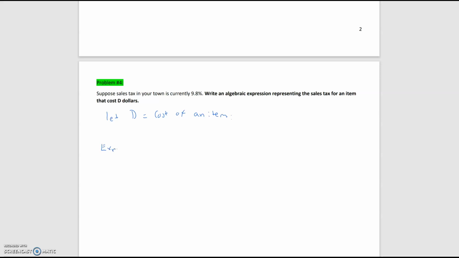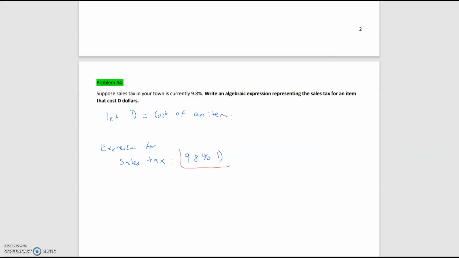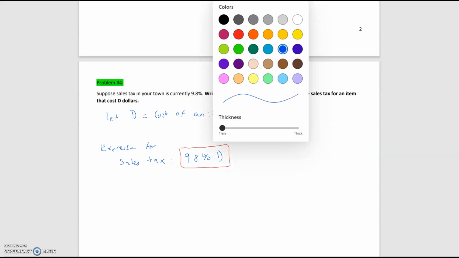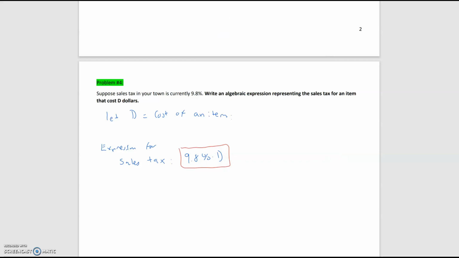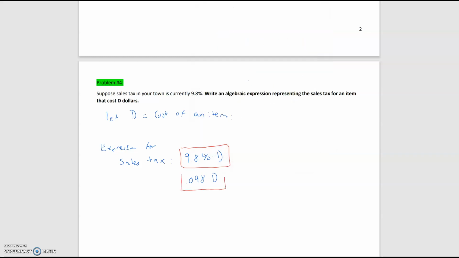So our expression for sales tax is going to be as follows. Technically, the tax times the item. So you could write it as 9.8% times D. This could be a possible solution. Or maybe as a decimal. So in this case, 0.098 times D. That would be the expression for the tax.